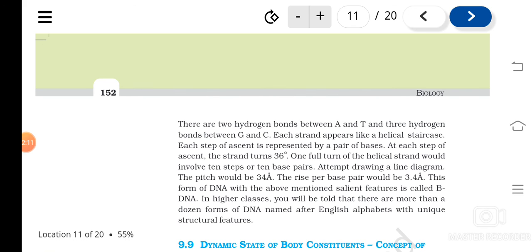The distance between each step is 3.4 angstrom, the pitch is 34 angstrom, and in a complete turn there are 10 base pairs. So this is the structure of B-DNA, the model proposed by Watson and Crick, called the DNA double helix. These are the features of the DNA double helix.